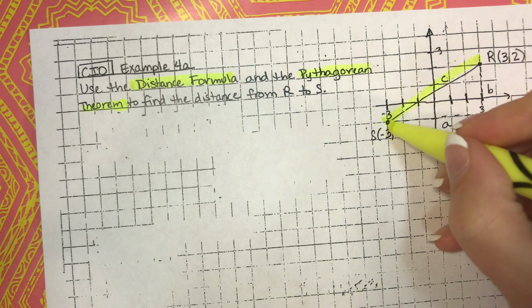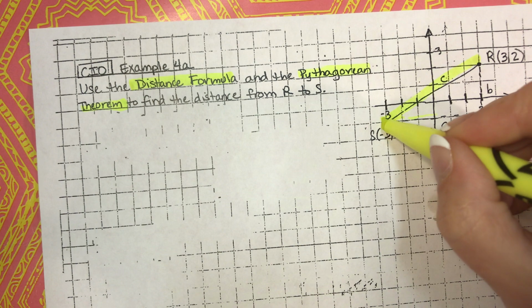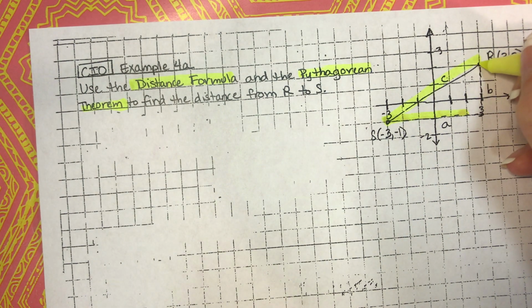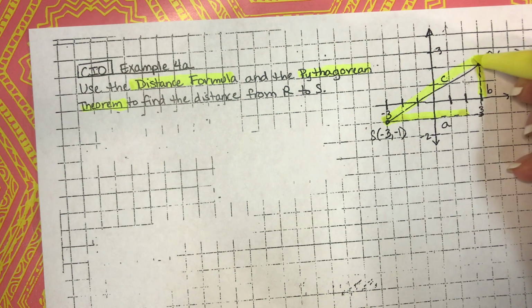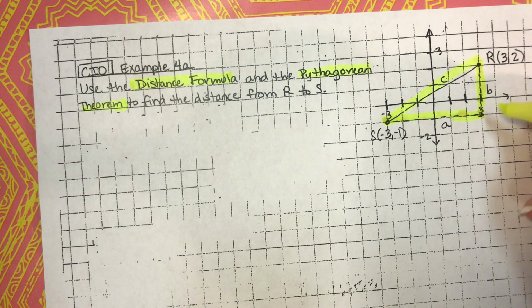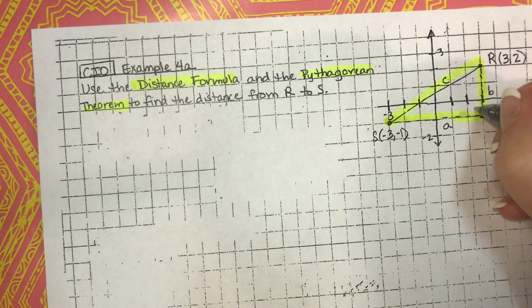So I'm going to start here, and I'm going to move in a horizontal direction over this way, and then I'm going to start up here. This one's the one that's bigger, and I'm just going to go straight down vertically until where they intersect, and they intersect right here, and that is my 90 degrees.